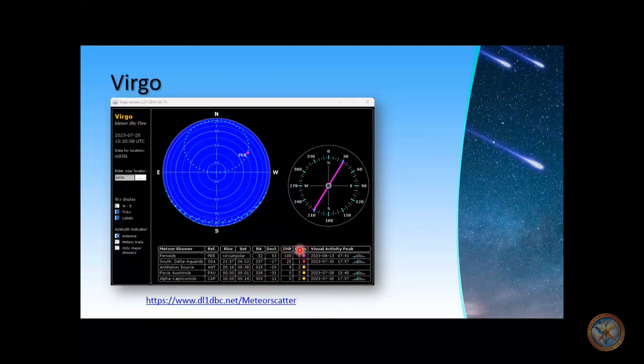And it shows you the class. So the lower the number, the better the hourly rate. So that's a number, that HR. Zenithal hourly rate is basically what a person in a perfect location, if the radiant was straight up, what they would see, the number of meteors they would see per hour.